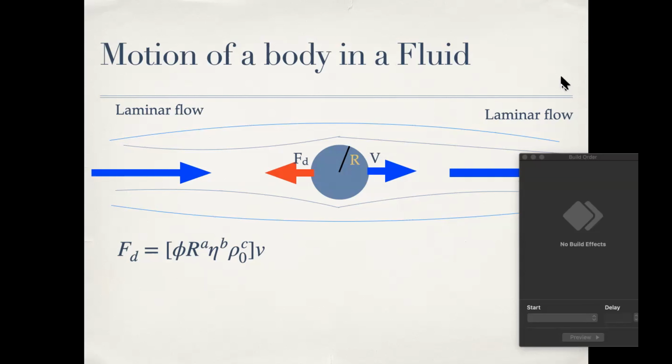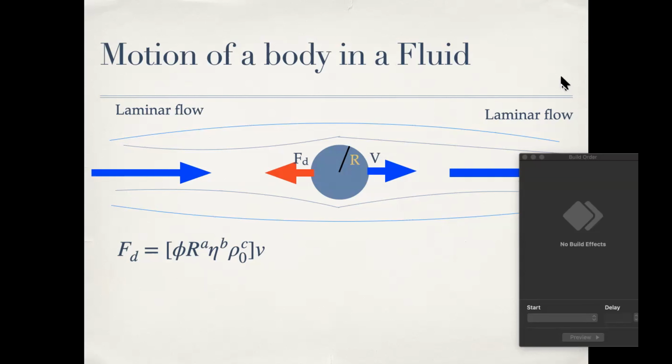And there is also probably some numerical factor which I have denoted as a little phi. All right, now velocity has dimension meters per second, and the force has dimension of newtons.